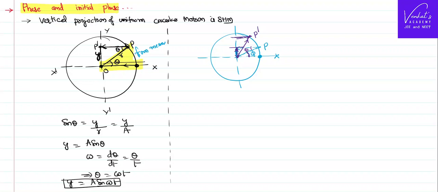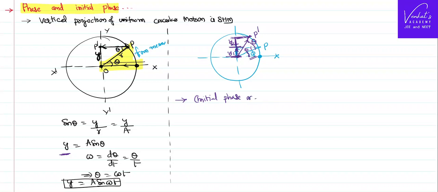From here to here is something like y1, and from here to here is something like y2. So the total displacement from the origin is not just y, as I showed earlier, but y1 plus y2. The total angle is not just theta, but phi is also there. This kind of position, if it is already there, is called the initial phase.